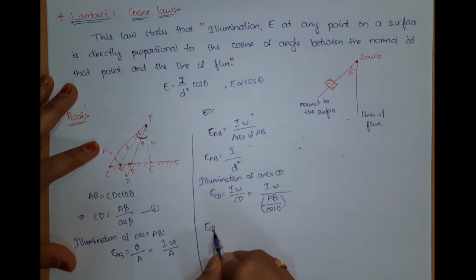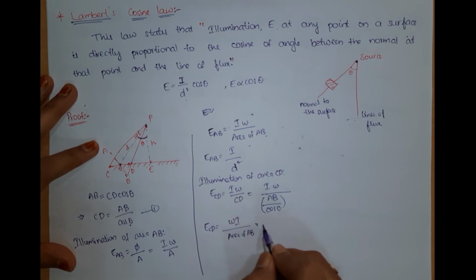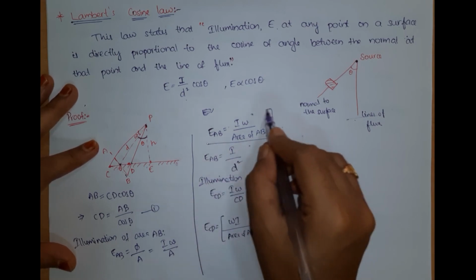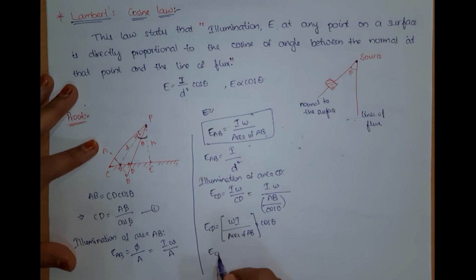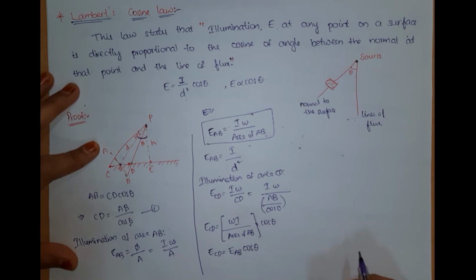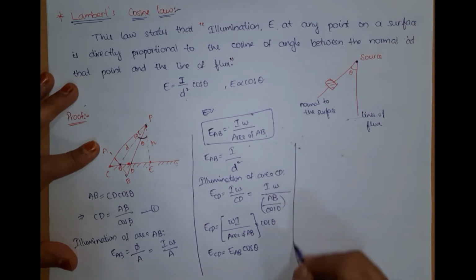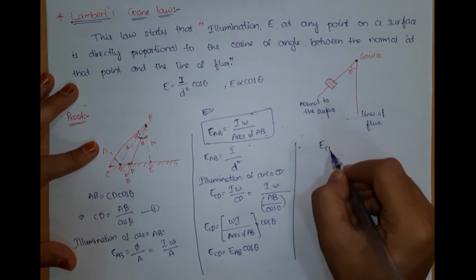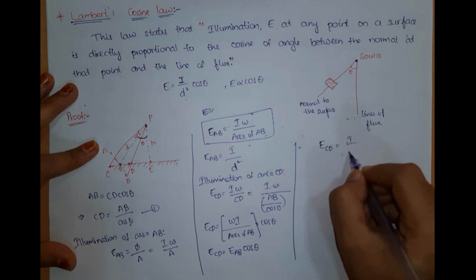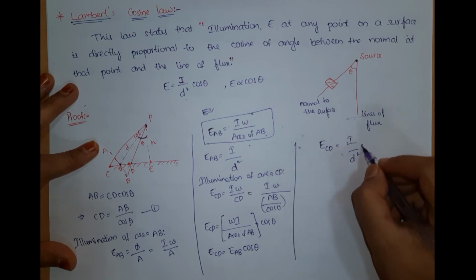So ECD can be written as omega I by area of AB into cos theta, where this one is nothing but EAB. That means ECD is equal to EAB into cos theta. From all these I can write ECD equal to I by D square into cos theta.